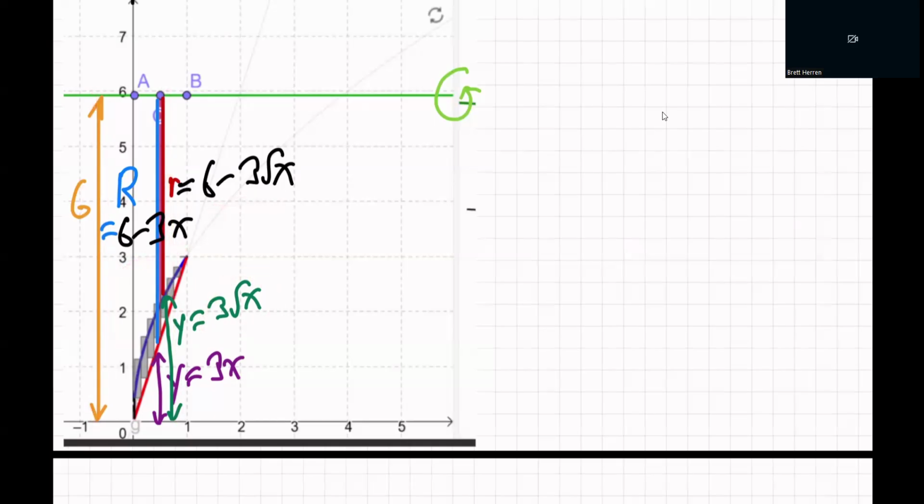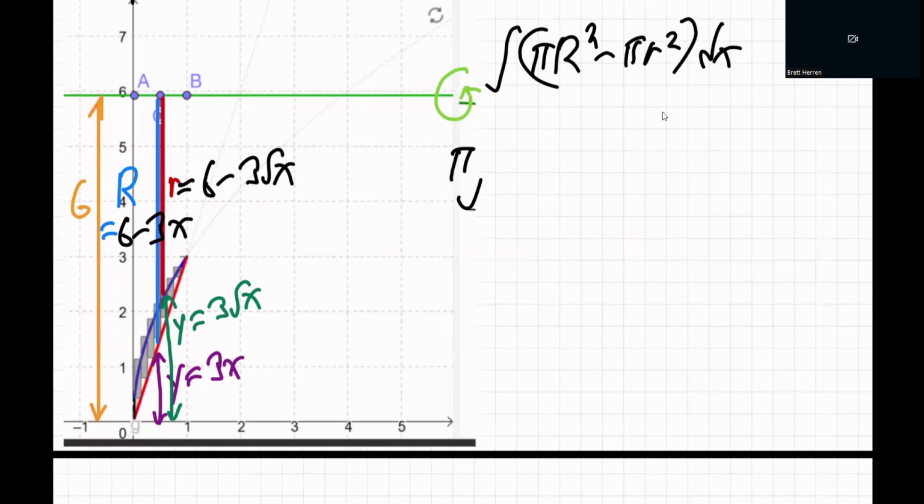Now we can do the integral. It's going to be the integral of pi capital R squared minus pi little r squared dx. I'm going to put the pi in the front. Integral is going to go from 0 to 1 because it goes from here to here on the x-axis.